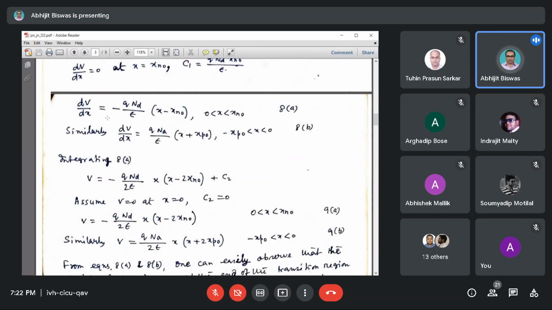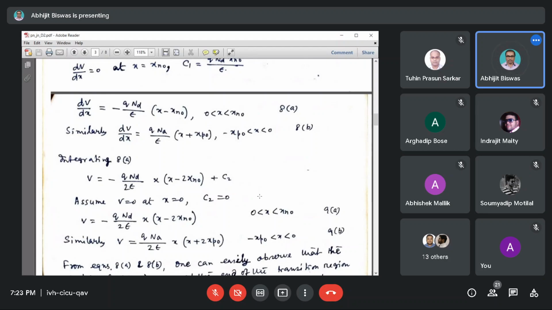That means dV/dx equal to minus q Nd by epsilon into x minus xn0. This equation holds good when x varies from 0 to xn0. Similarly, you can find the variation with respect to x on the depletion region of the p side, and you can write it in equation 8b.